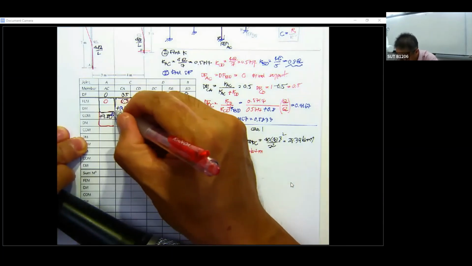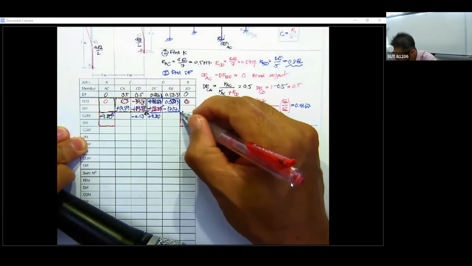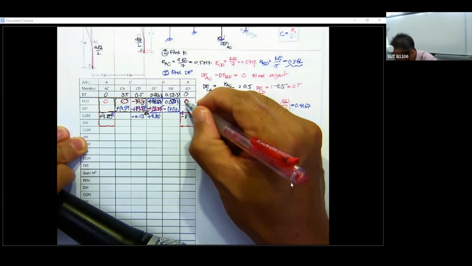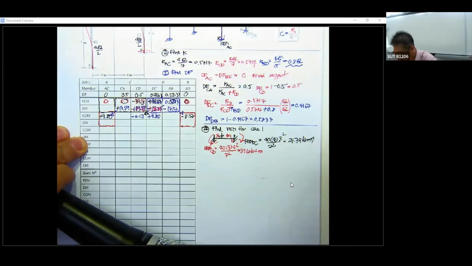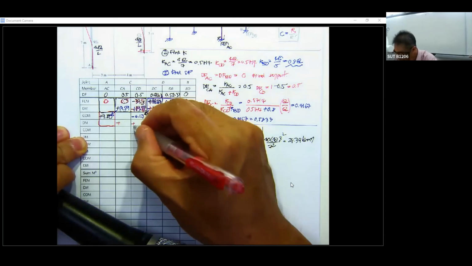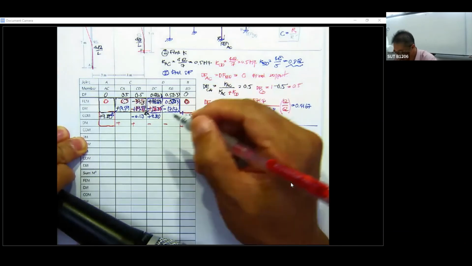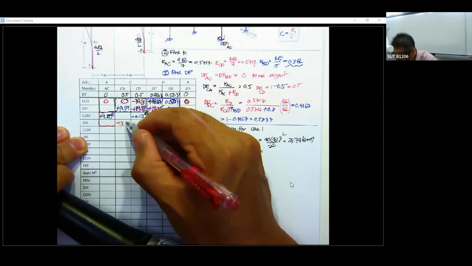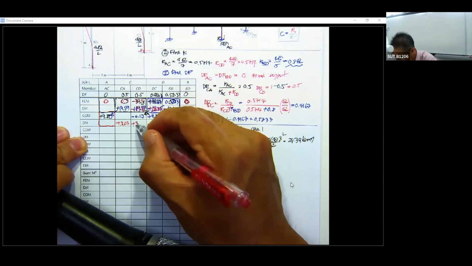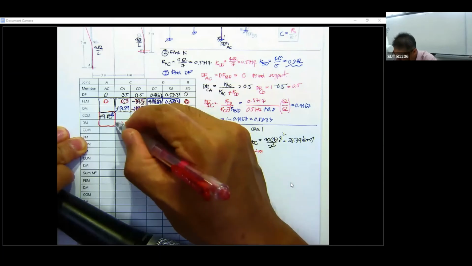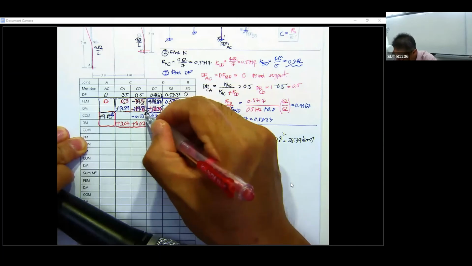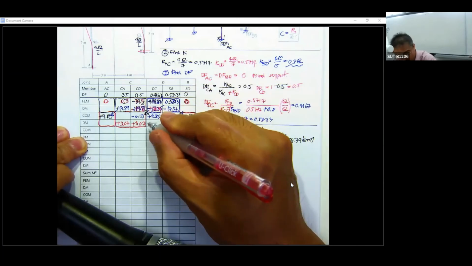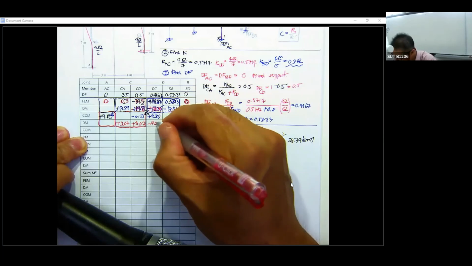This is going to be in balance by itself since it has zero distribution factor. So this one is going to be positive, this one is going to be negative, and positive 3.07. This one is in equilibrium, and this one minus 4.08.